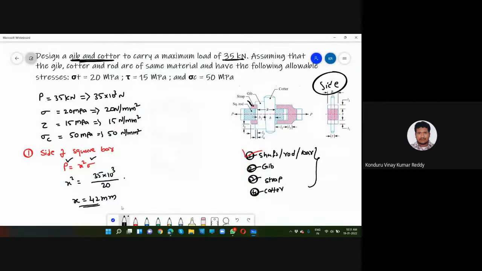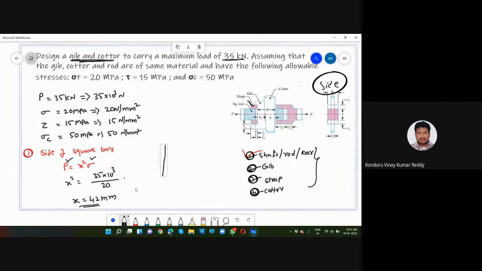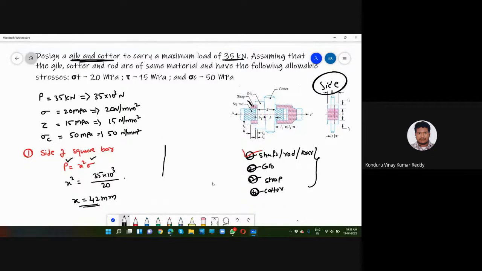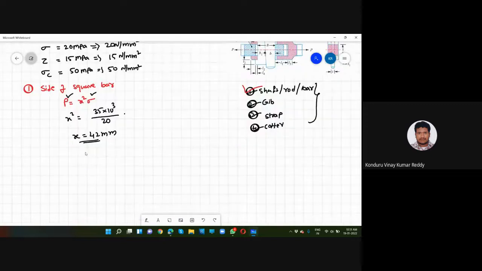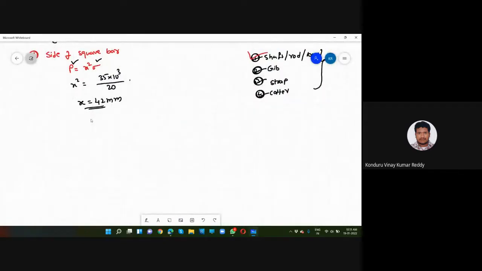Okay. Now, by design considerations, we will be determining other values also. After finding x value, we will be determining other values also.